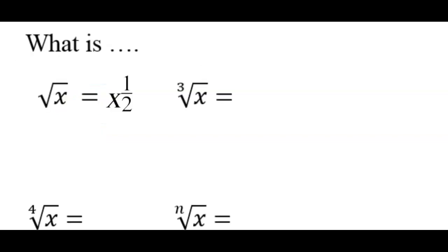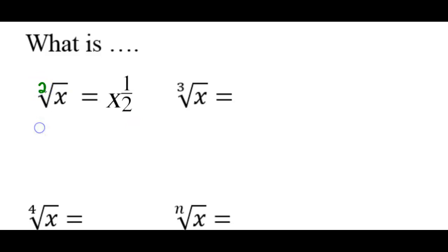So let's talk a little bit about what if we have something to the cube root. So let's look at our rule. Our rule, the square root of x, or the radical of x, equals x to the 1/2. So there's a little 2 here that's understood.